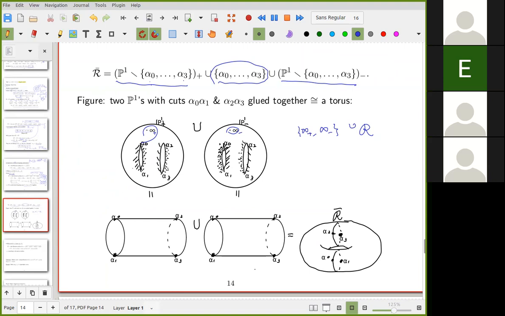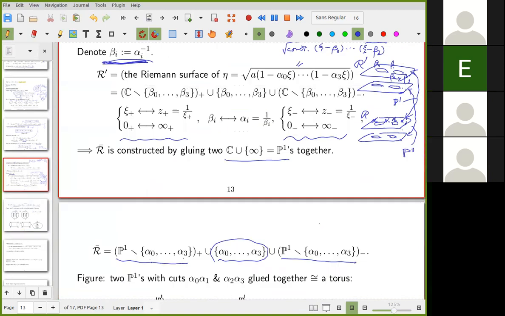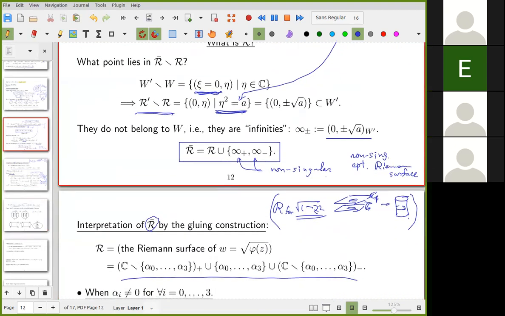Let's open these cuts like this. Then, as we have constructed the Riemann surface of R for the Riemann surface of this equation in this way.